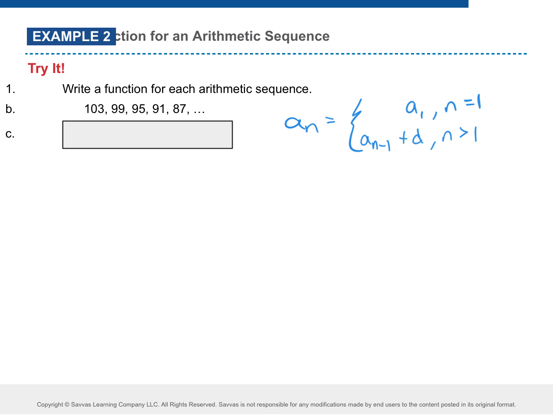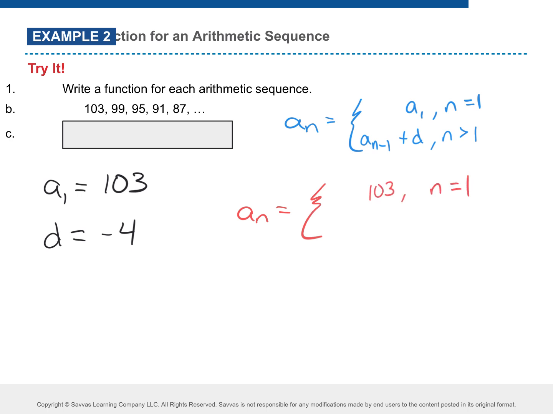What is a_1? 103. What is the difference? Negative 4. Yep. So now we're just taking those and plugging them in, just like we did with substitution last week. If I write this, what do I write on the top? 103, comma, n equals 1.